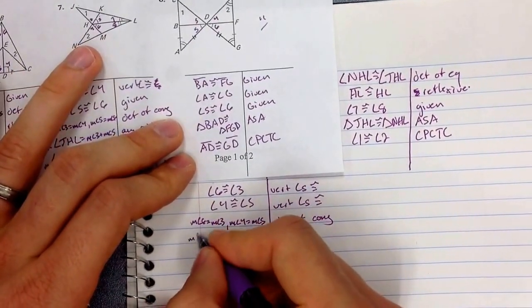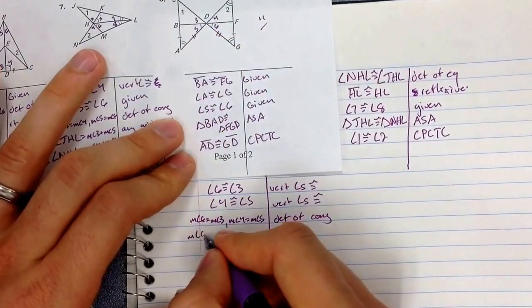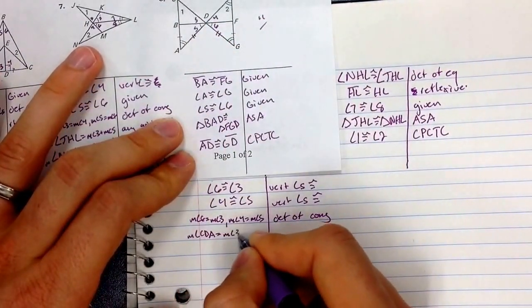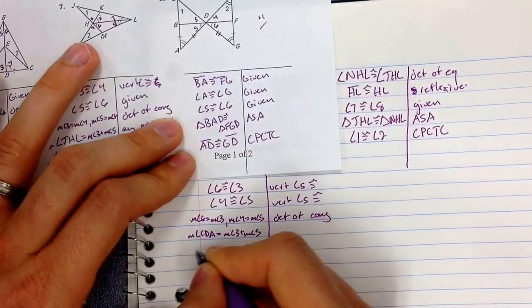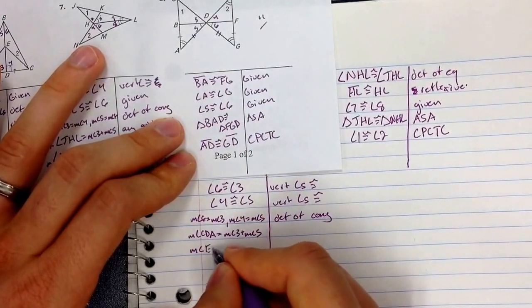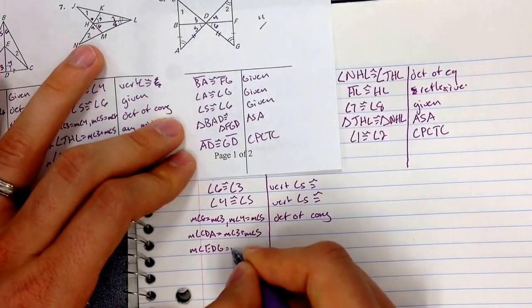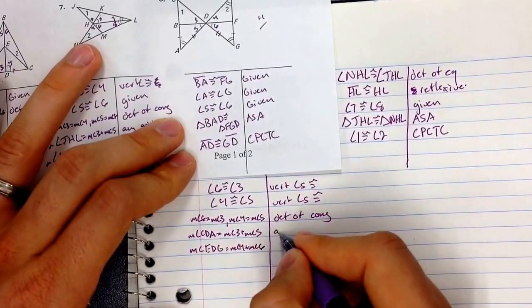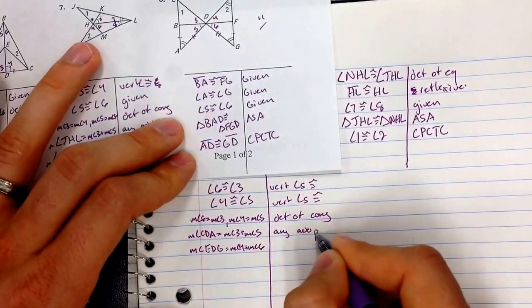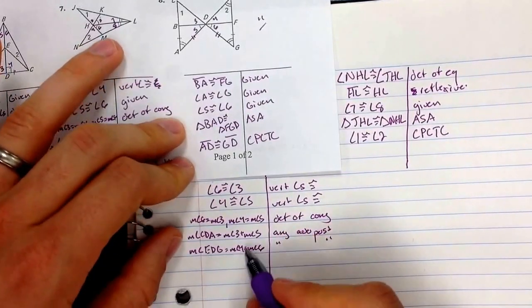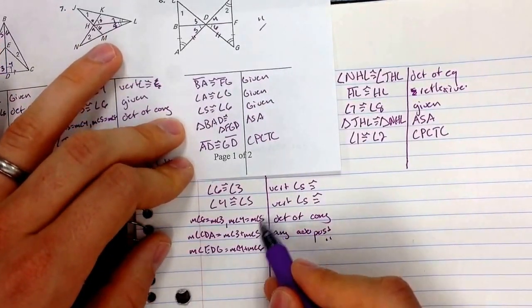I'm then going to say the measure of angle, big one, CDA, is equal to the measure of angle 3 plus the measure of angle 5. The measure of angle, big one over here, EDG, is equal to the measure of angle 4 plus the measure of angle 6. Those are both going to be the angle addition postulate. And then I've got substitution. If I want 4, I can also use 5.